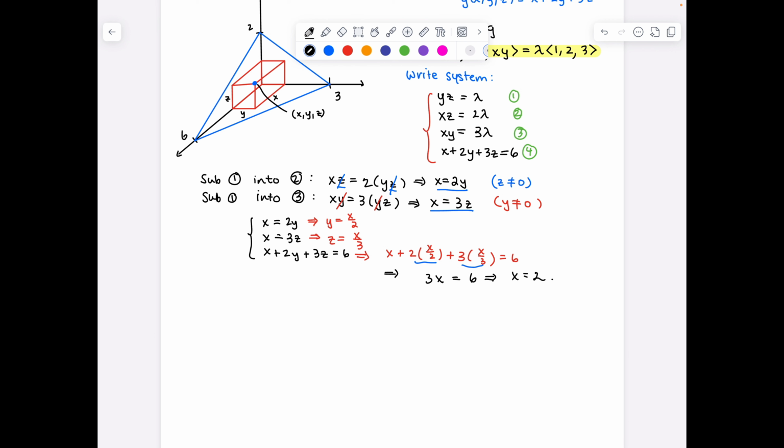And then that means that y and z have to follow their relationship equations that we got with x. And so therefore I can say that my point will be (2, 1, 2/3).